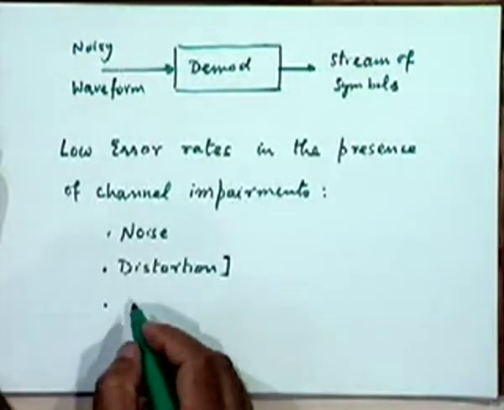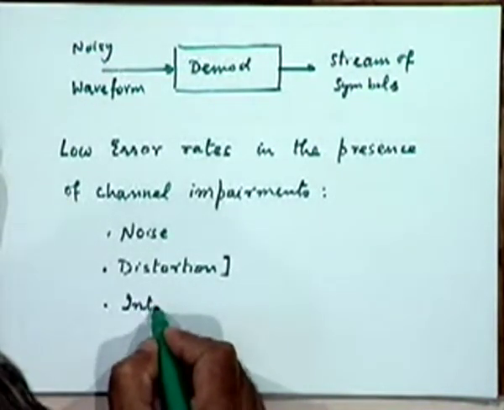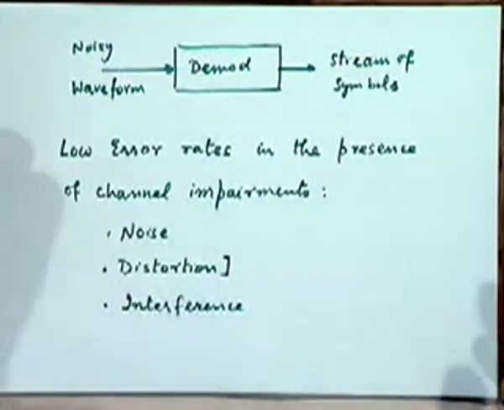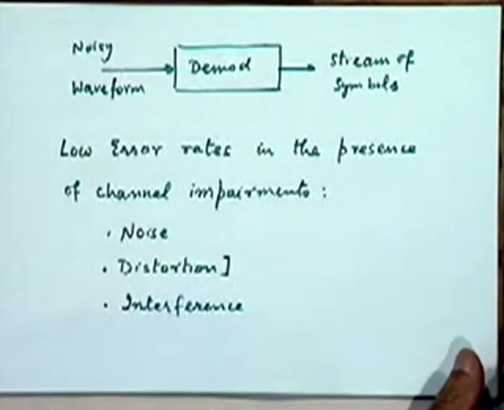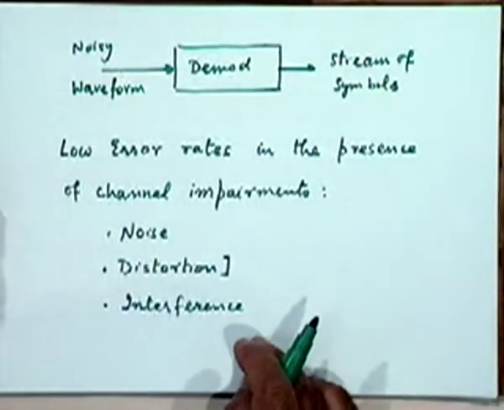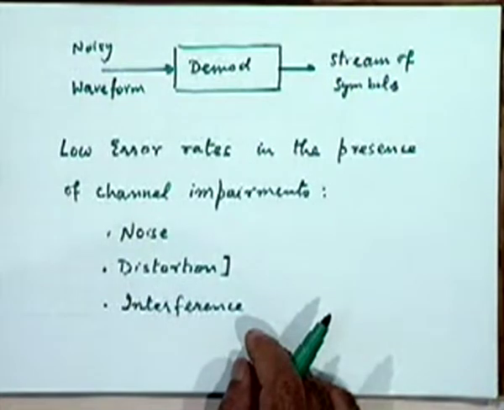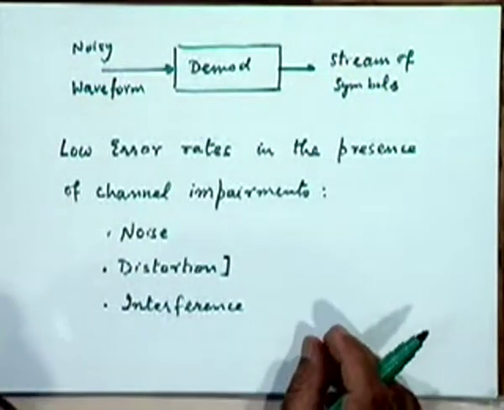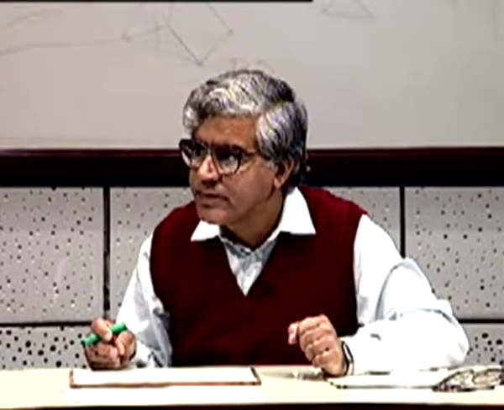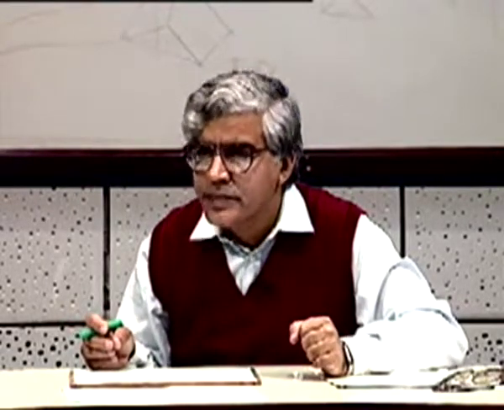Now what I am talking about next is interference from other communication systems which are operating in the neighborhood of your frequencies, right? External interferences would be somewhat similar to noise in the sense that they are also additive in nature. These other signals are also adding on to your transmitted signal, but they differ from noise in their statistical characteristics.